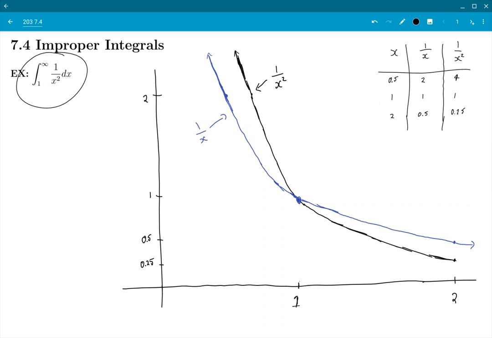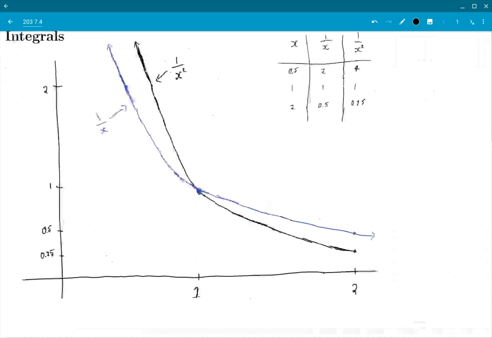So, if you were to continue over here, this function would just get closer and closer and closer. Same with the blue guy.